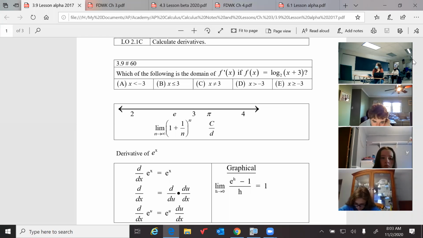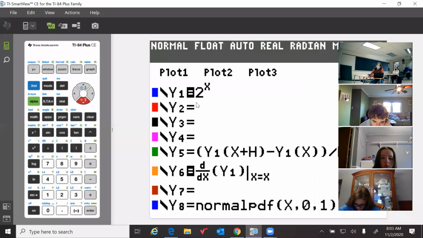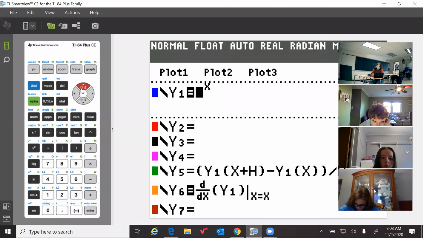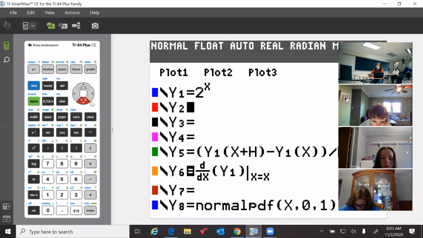But e is the limit of this, as n gets really, really large, of (1 plus 1 over n) caret n. So if I look at it this way, you go to the calculator, let's turn this on. You don't need to do this, just look up here.